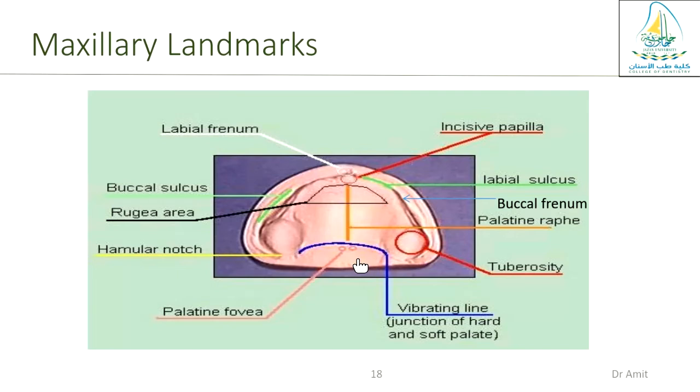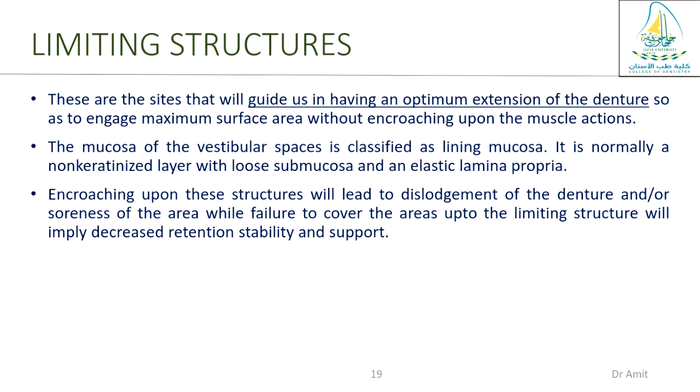These are the structures which need to be relieved. It means there are some important structures which are present beneath these areas. So we'll be discussing one by one all the three different types of structures. First of all, we'll be discussing the limiting structures. Now what are the limiting structures? These are the sites that will guide us in having an optimum extension.